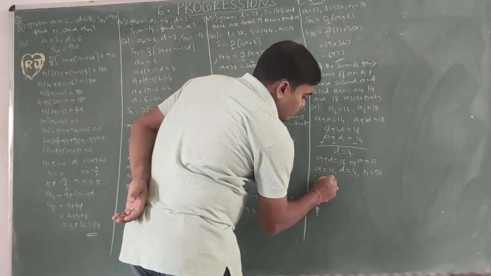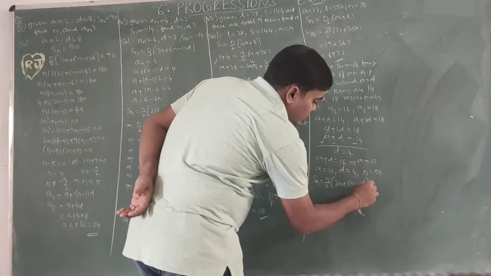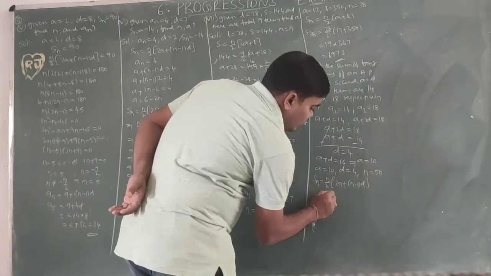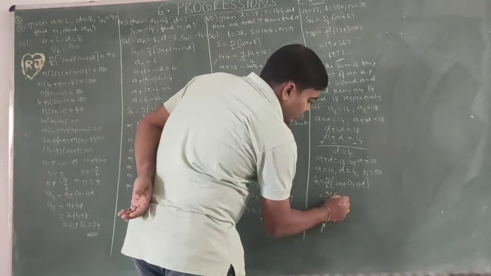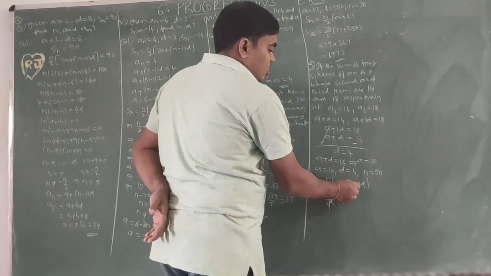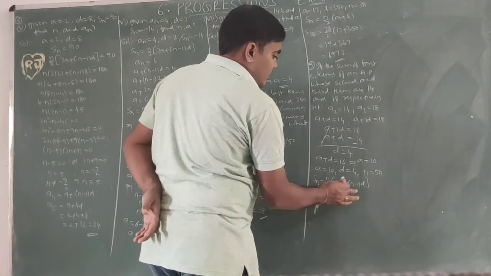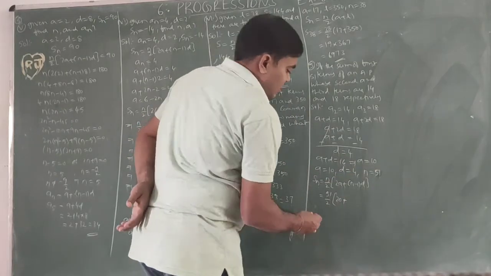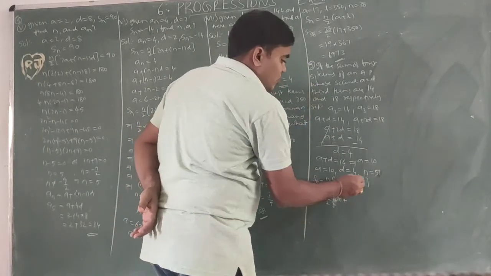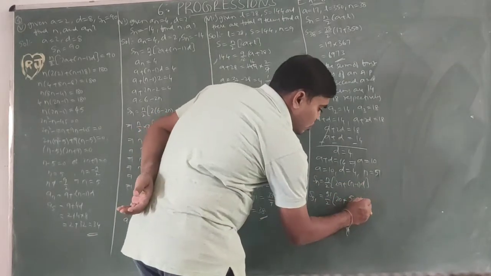Sn equal to n by 2 of (2a plus (n minus 1) d). Here n is 51. So 51 by 2 into (2 into 10, 20, plus 51 minus 1, 50, into d, 4).